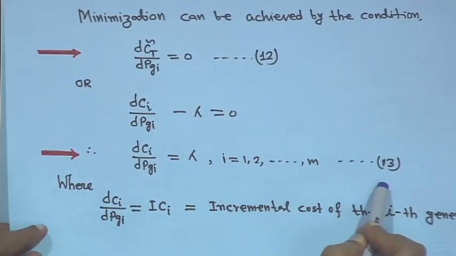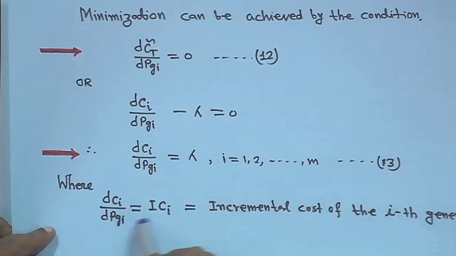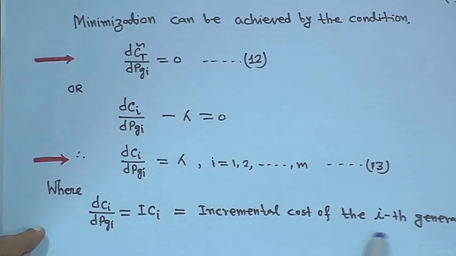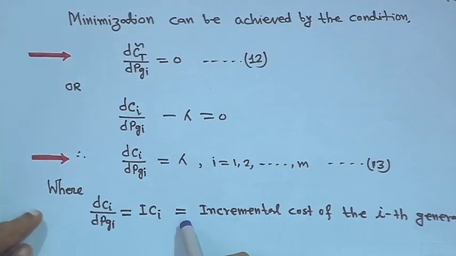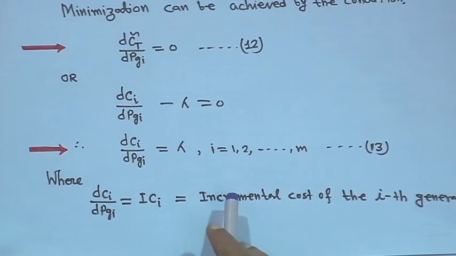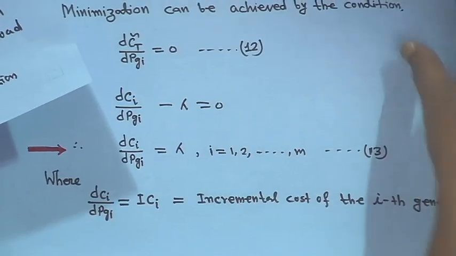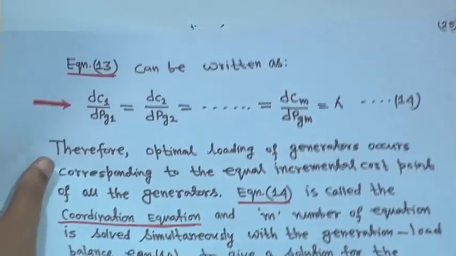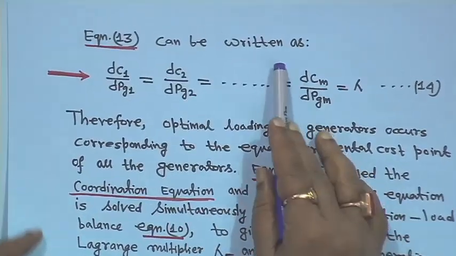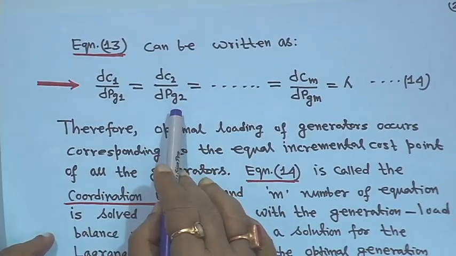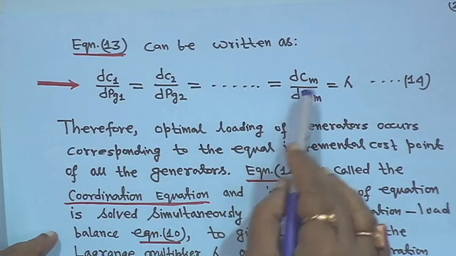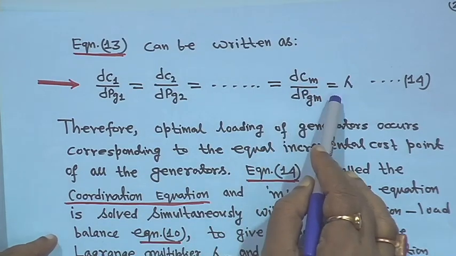This is equation 13. The d C i by d P G i, equal to I C i, is called the incremental cost of the ith generator. That means equation 13 can be written as d C 1 by d P G 1 is equal to d C 2 by d P G 2, up to the mth term d C m by d P G m, equal to lambda.